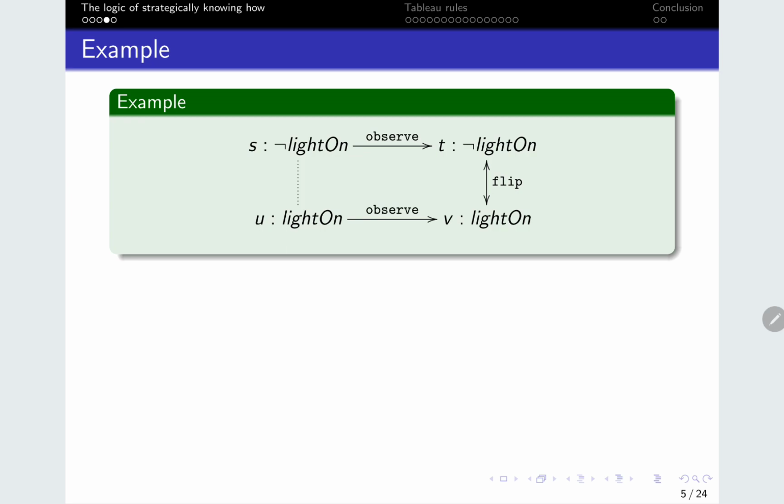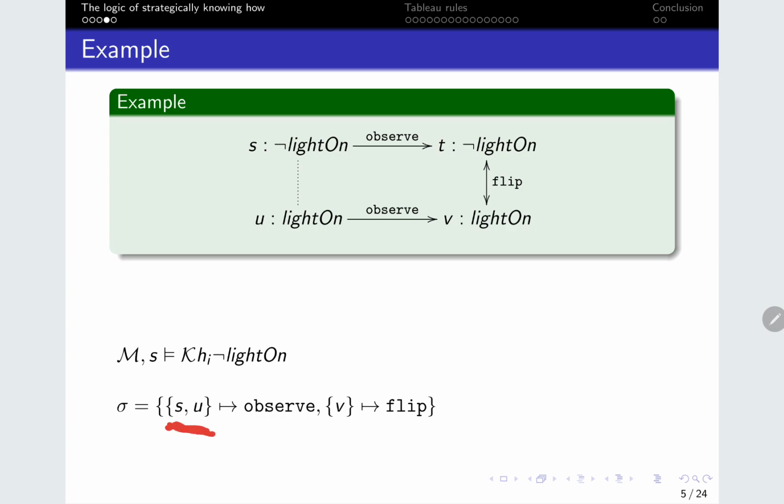Then on the states t and v, he can do the action flip, and doing the action flip will lead to the opposite states. We can check that in this model, the agent knows how to turn the lights off. This formula is true in the state s because in this situation, the agent has a strategy.